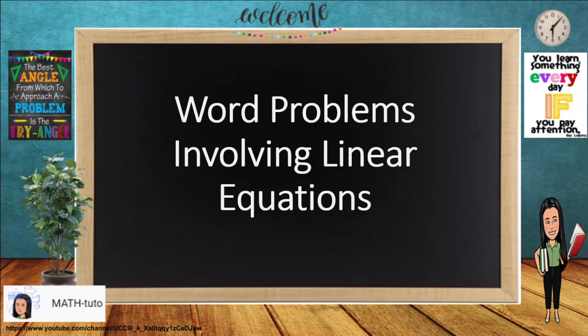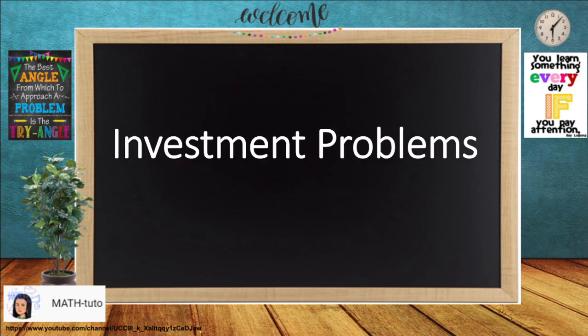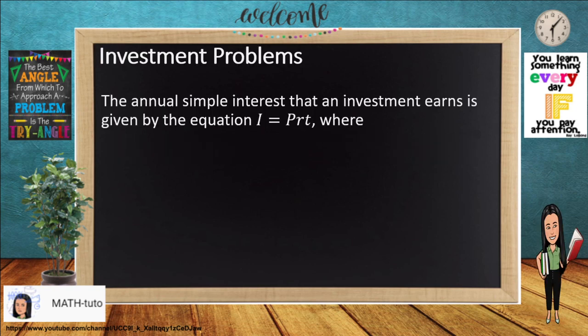Hello everyone! In this video, we are going to talk about word problems involving linear equations in one variable, specifically investment problems. In solving investment problems, we have to determine first the formula that we use to determine the interest of any investment.